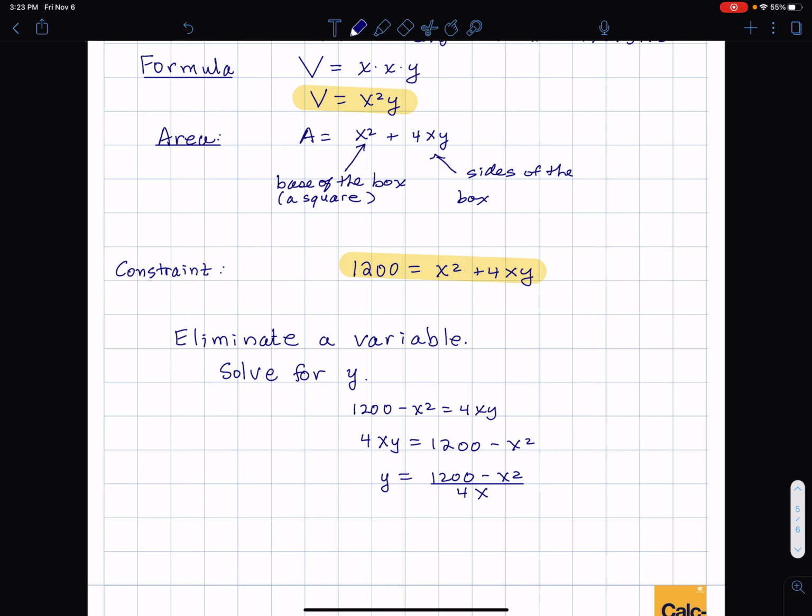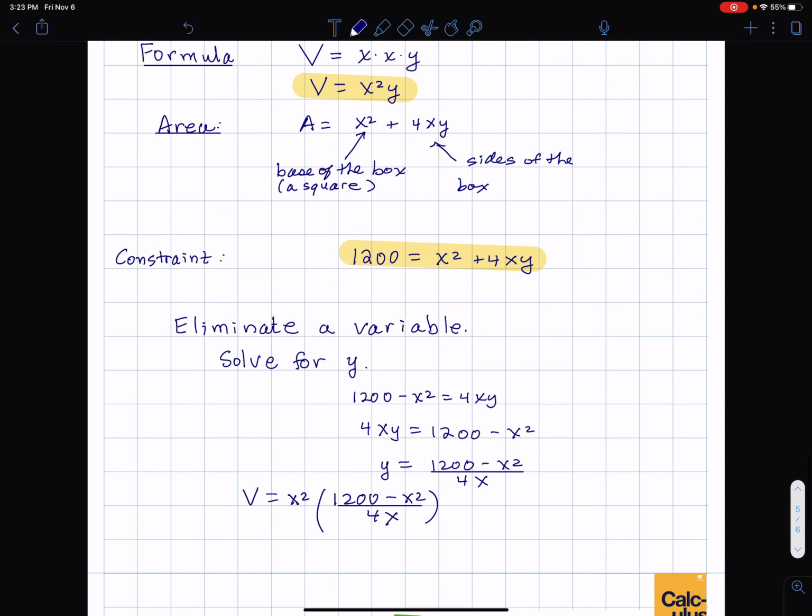I'm trying to find x and y to make the volume maximum, and I write volume equals x squared. And for y I put in 1200 minus x squared over 4x. I took that yellow formula above and replaced y by y equals 1200 minus x squared over 4x.